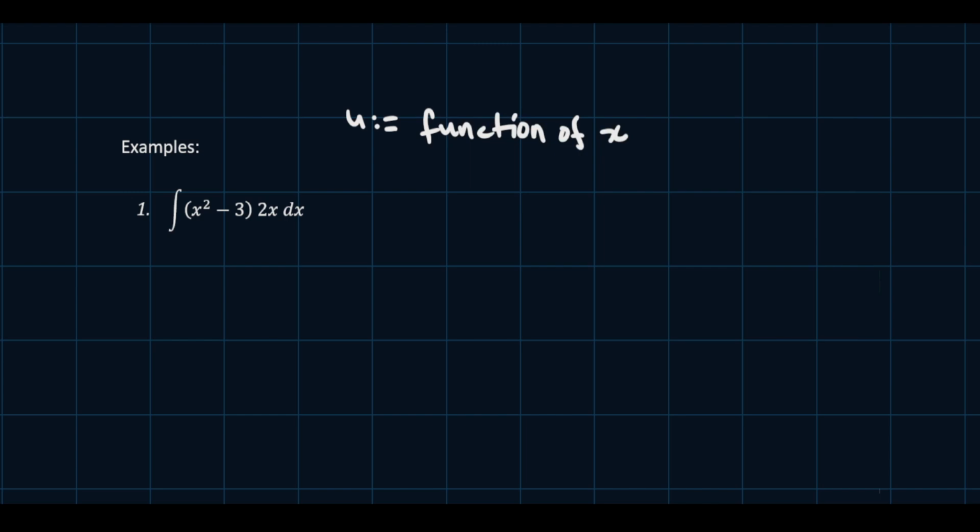Okay? So, demonstrate ko muna paano ito ginagawa. So, we let U be equal to, in this case, x squared minus 3. Now, if we do this, what we do next is we get the derivative of U with respect to x. So, this is 2x dx.